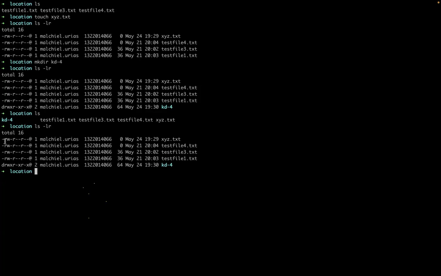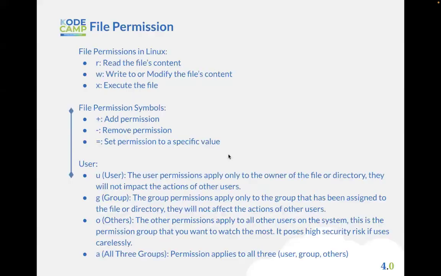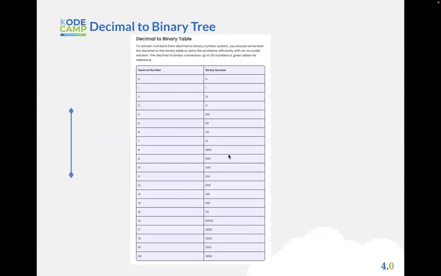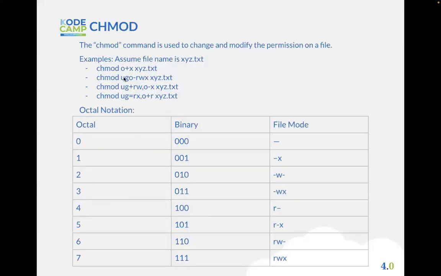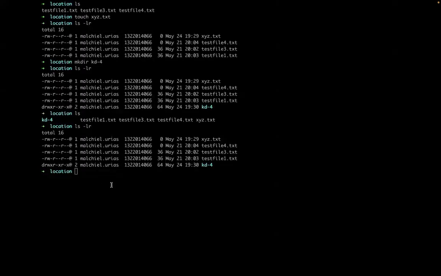So we see that the user has permission to read and write, but can't execute this file, because that is not an executable file. We also see that the group has only permission to read, but cannot write or execute. And everybody else has permission to read as well. So let's look at this: chmod o+x, that's others plus x. Let's see that for the XYZ file.